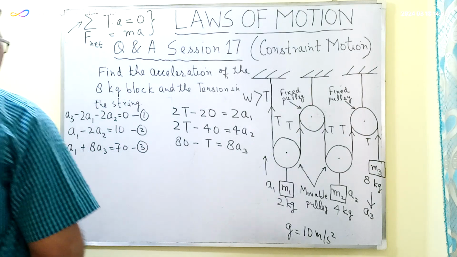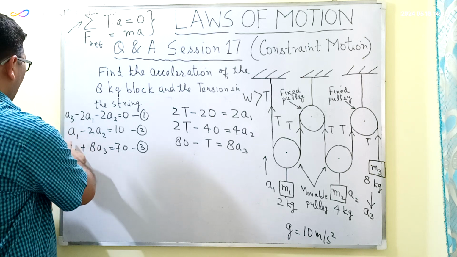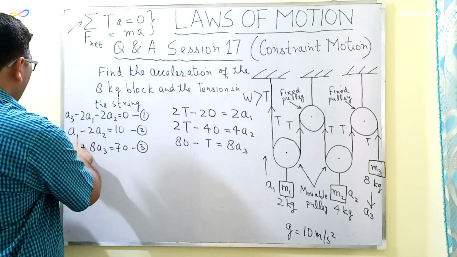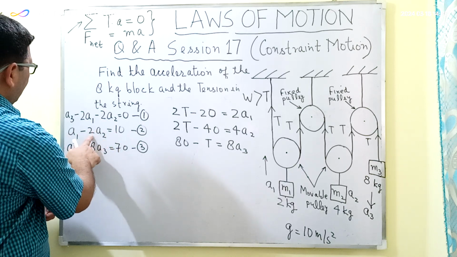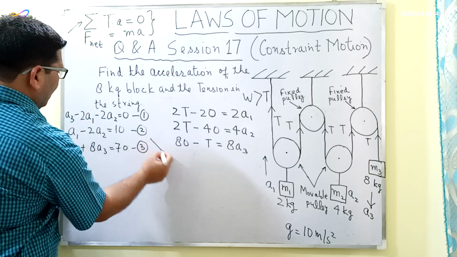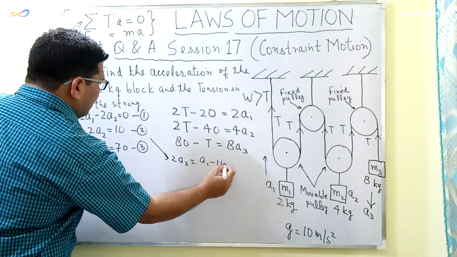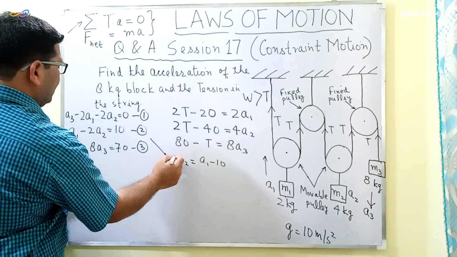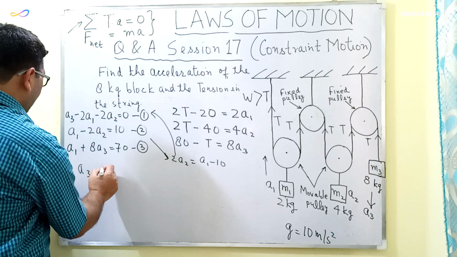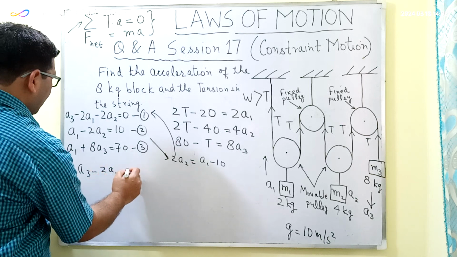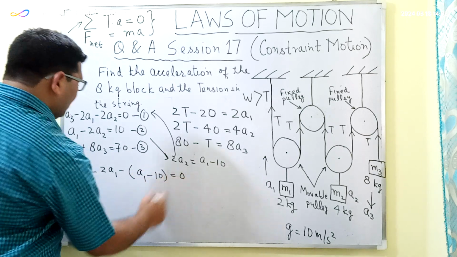Now I have to find the value of A3. See here, A1 minus 2A2 is equal to 10. From equation number 2, you are getting 2A2 is equal to A1 minus 10. So I will be putting this value in equation number 1. I will be getting A3 minus 2A1 minus 2A2, which is A1 minus 10, is equal to 0.